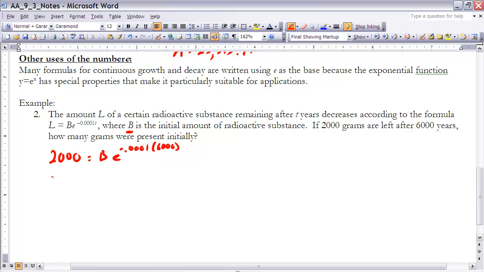Remember, e is not a variable here. e is still a number, about 2.71. So we have all numbers except for B, so it is something we can solve for. Before I go to my calculator, I'm going to solve this for B. If I divide both sides by e to the negative 0.0001 times 6,000, I'll have what B is.